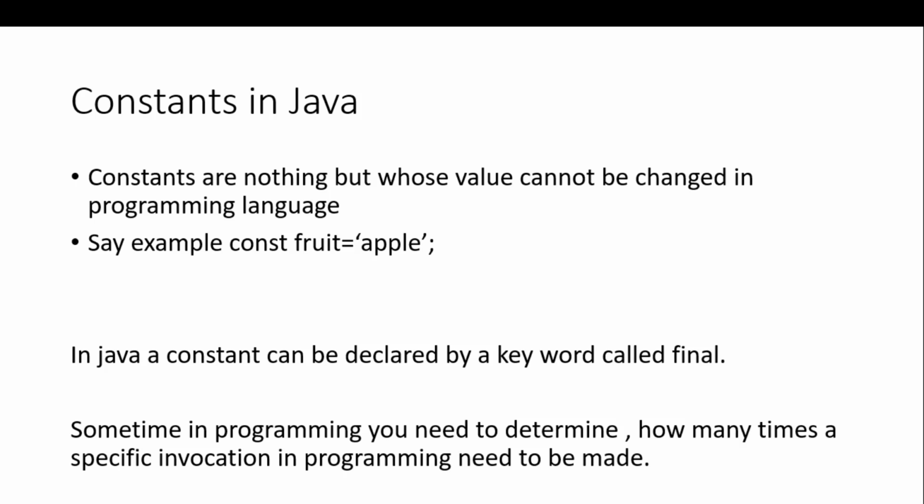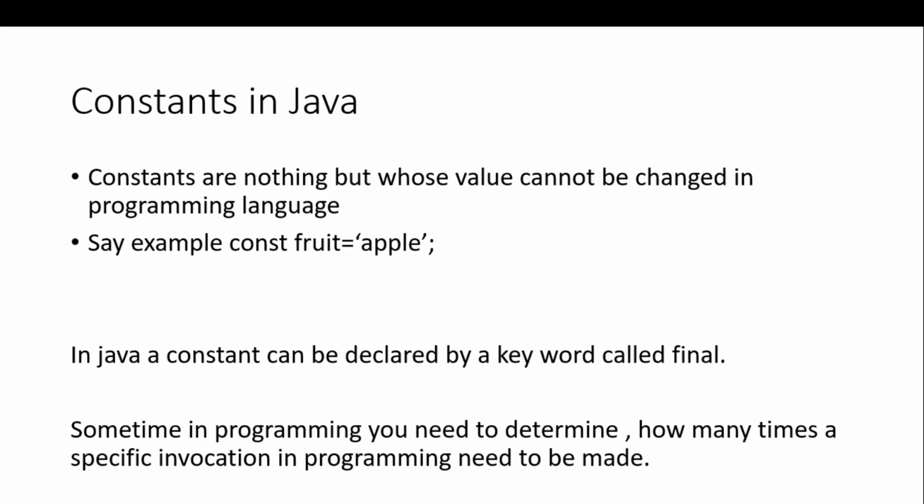And it's a good practice to add the static keyword along with final, so that whenever you create new objects, it would have only one copy, and each and every time it won't create a new constant value.